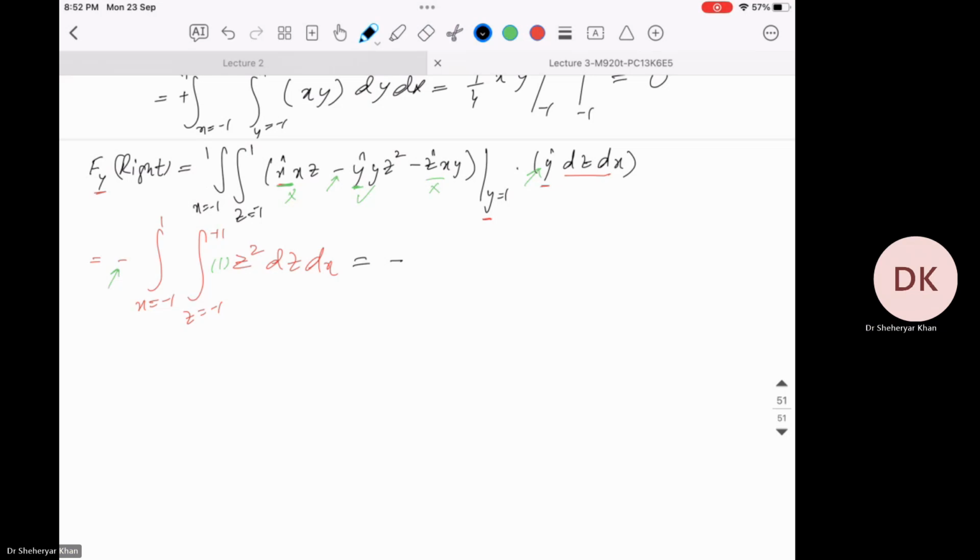Okay. So it's a double integral. So I have done it in this form, so it makes it easier for you to understand.